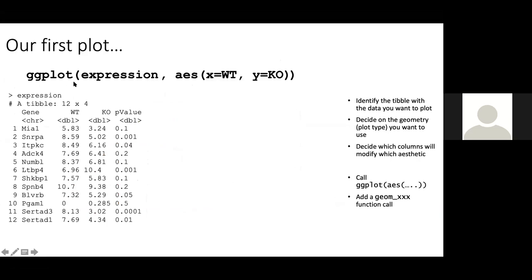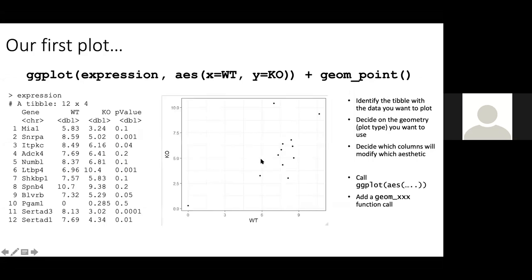We say ggplot, we use expressions data, and then what we want to plot, wild type and core. So we key in, then followed by the geom_point. So this is how usually you can structure your data when you are using the ggplot functions, and this is how the graph will look.